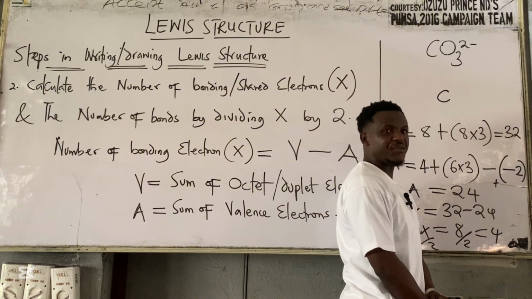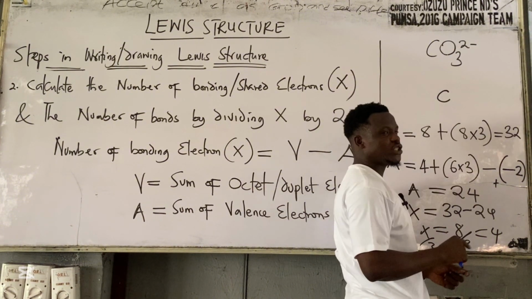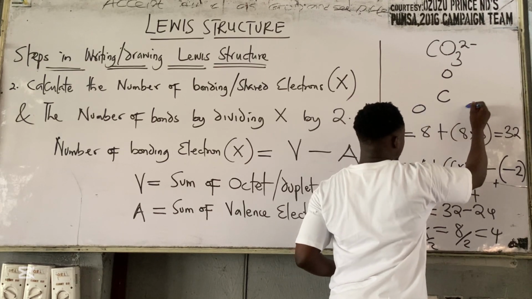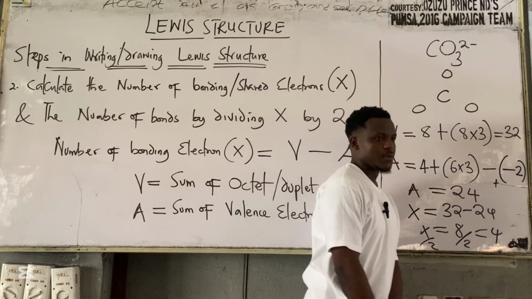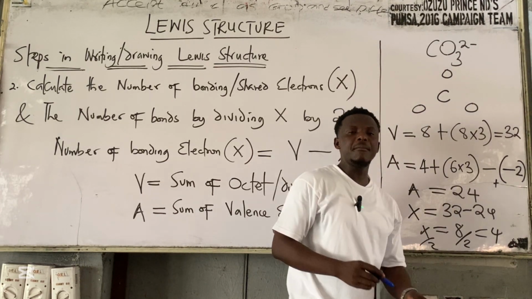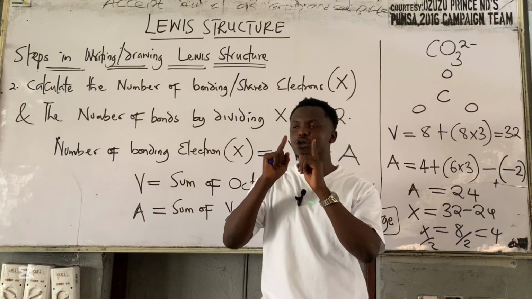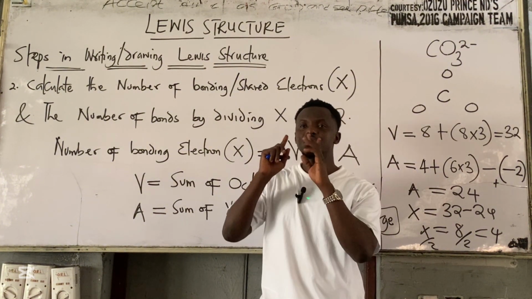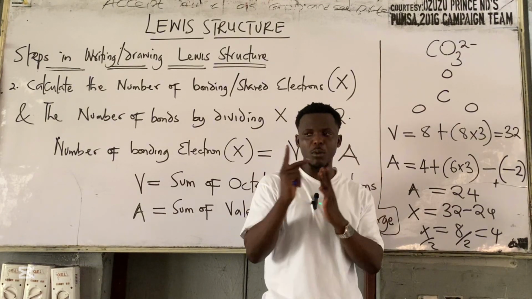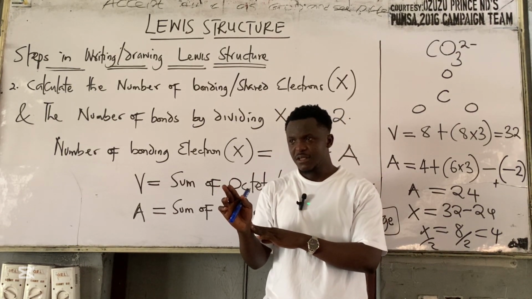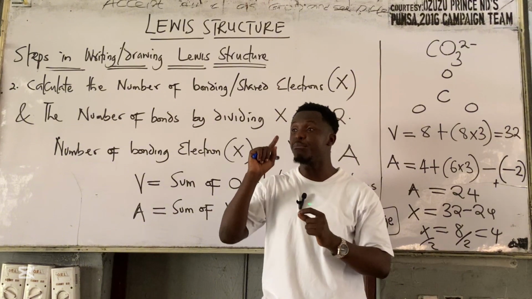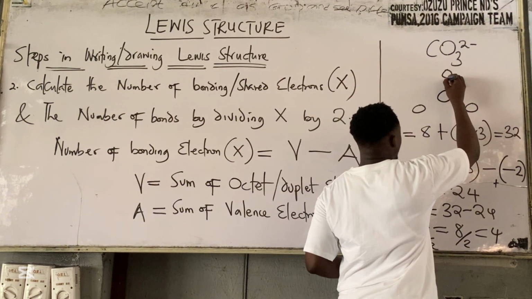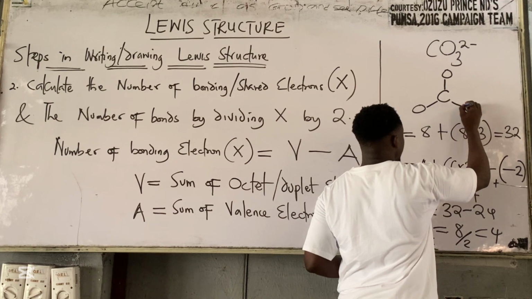So I'll come here, put carbon at the center. How many oxygen do we have there? Spread the oxygen across the center. We have the first one, the second one, and the what? Now, remember, at least I must use one bond to join those guys, right? A single bond is a necessity, but a double bond is not a necessity. Every compound you see, there must be a bond. At least how many bond? One. I'll come here, I'll put 1, 2, and what?